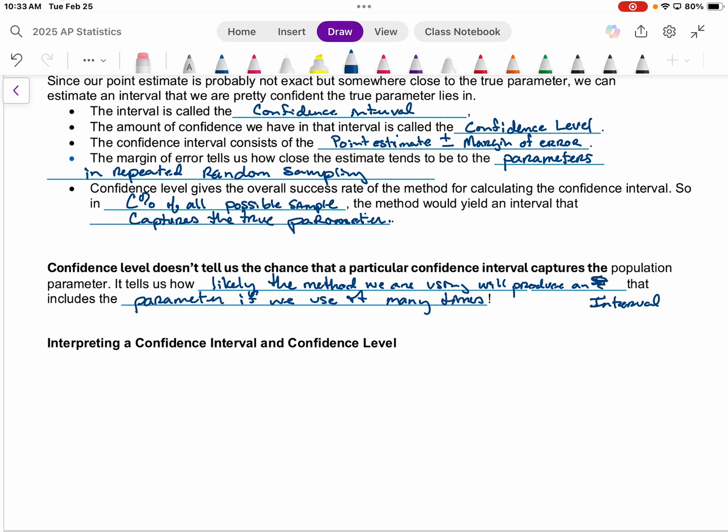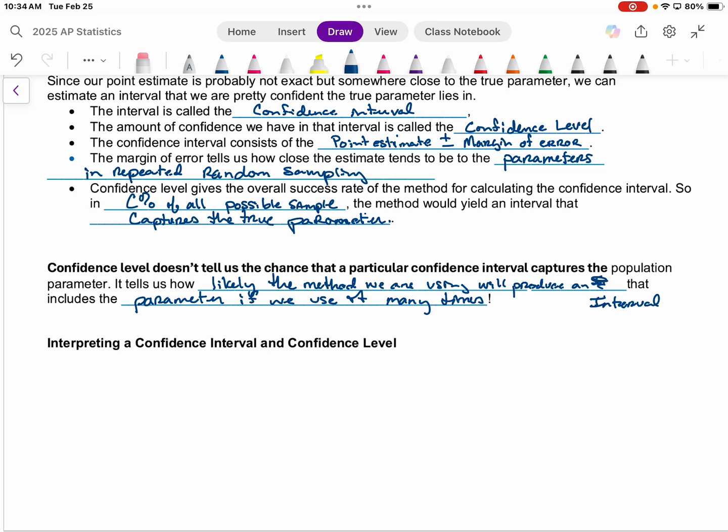So with that in mind, when we're looking at interpretations, we want to steer away from saying that, let's say our confidence level is like 98%, there's a 98% chance that this interval contains the parameter. It doesn't refer to the percent chance of it happening.